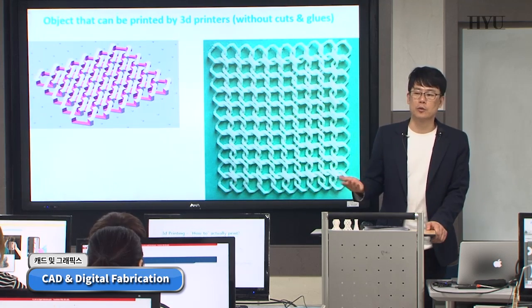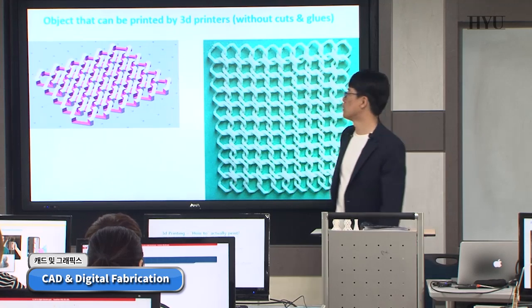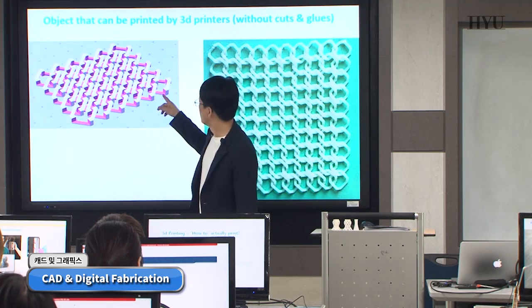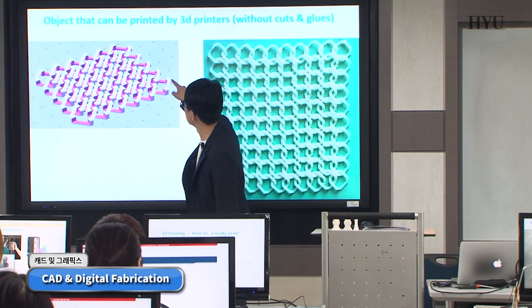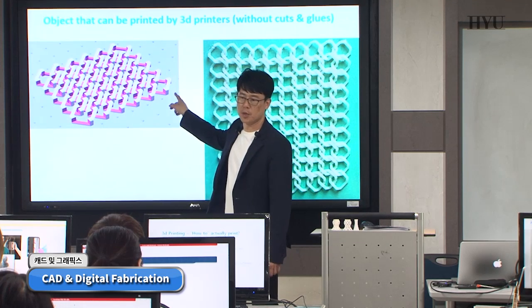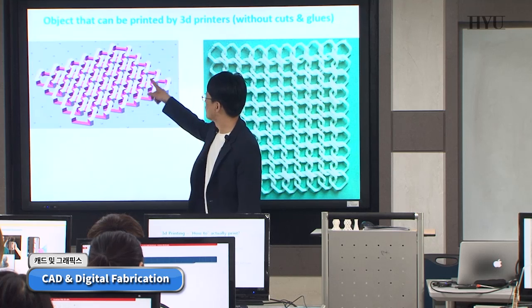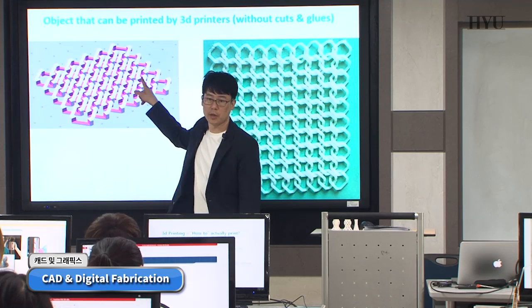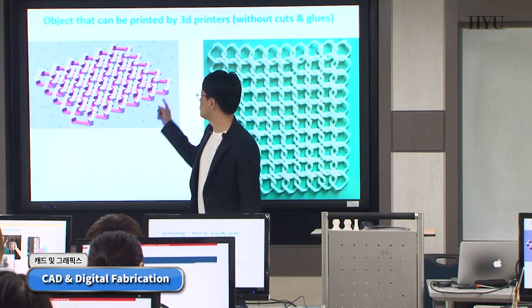And let's take a look at one more example, another one. Please take a look at this example. Okay, here is one single object, a rectangle shape object, and they are connected to others this way, okay? In a 3D way.